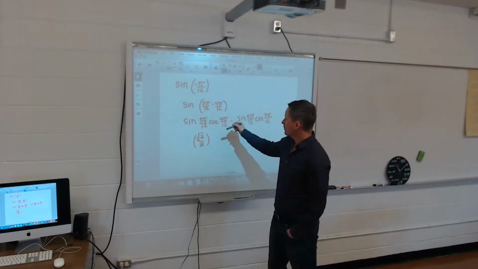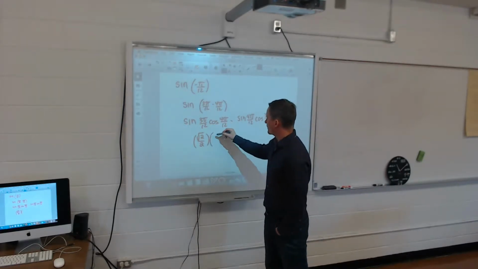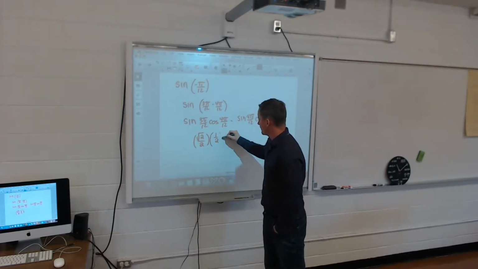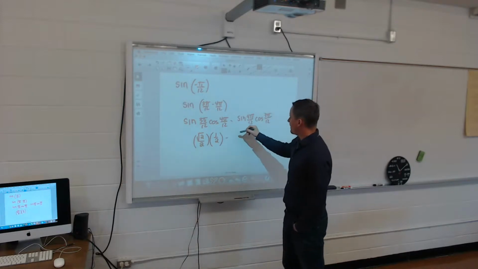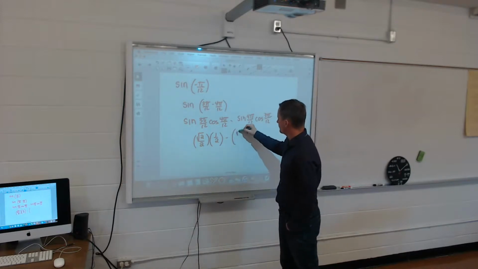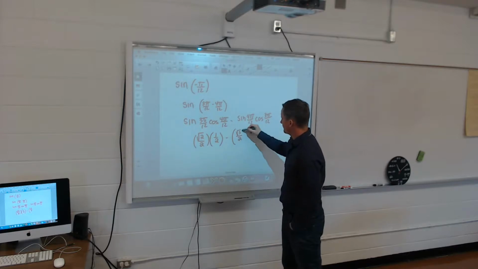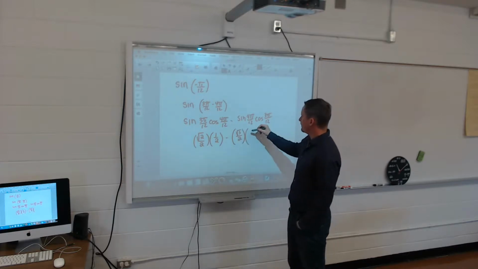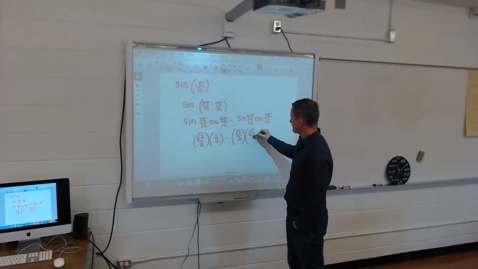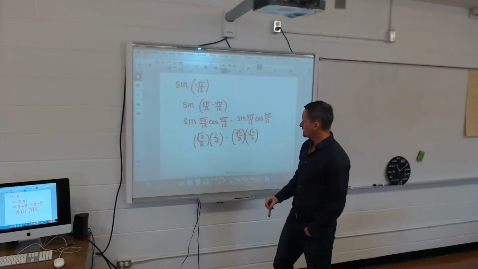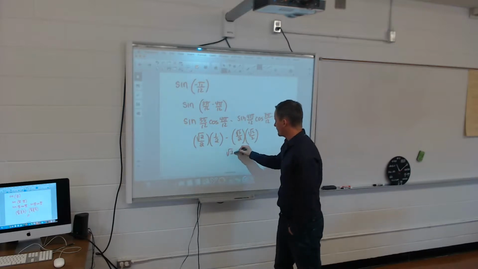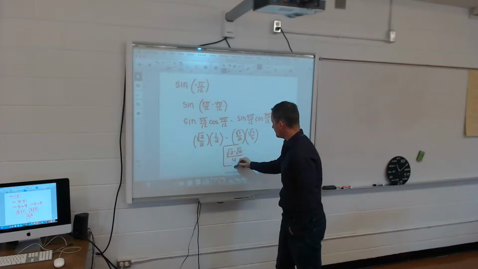Cos of pi over 3. Sine of pi over 3. Cos of pi over 4. And then simplify it: root 2 minus root 6, all over 4.